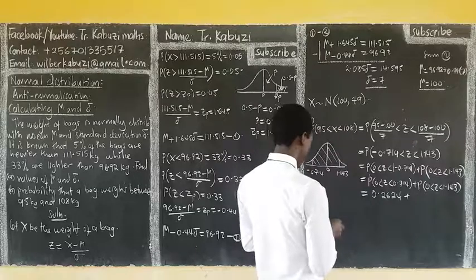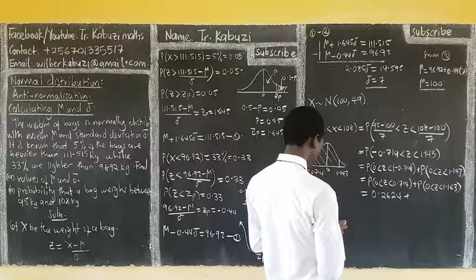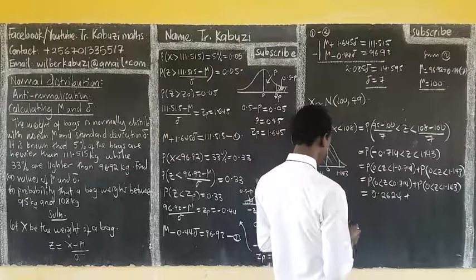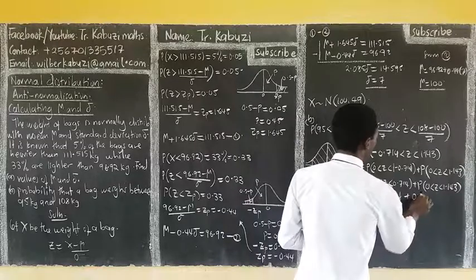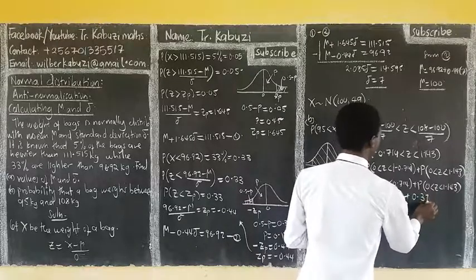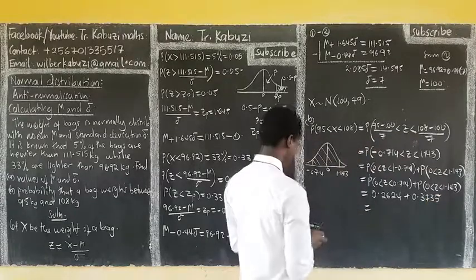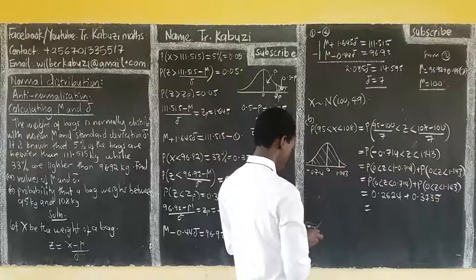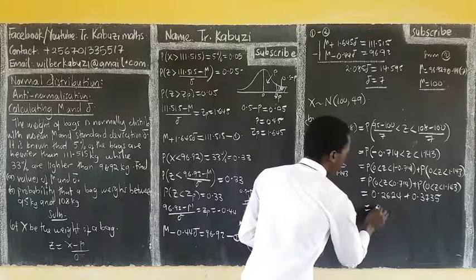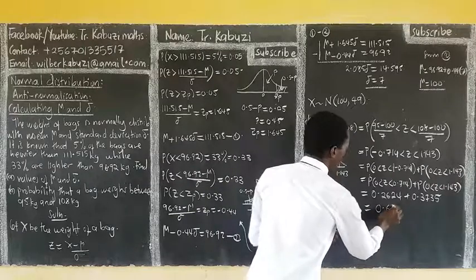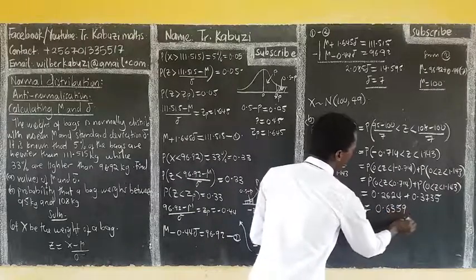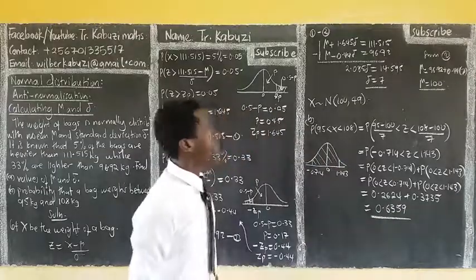Then the other one is going to be 0.3735, which will give me 0.6359.